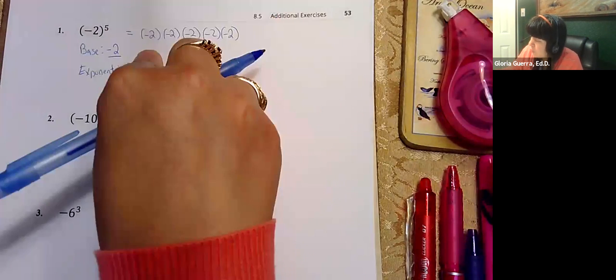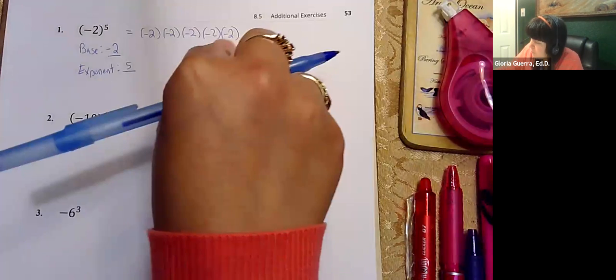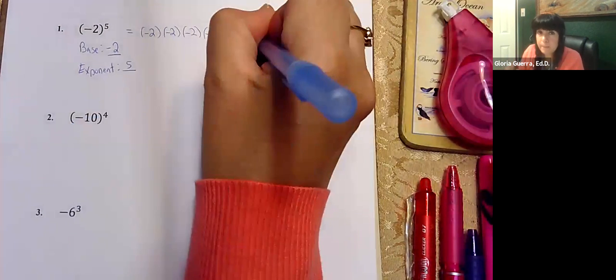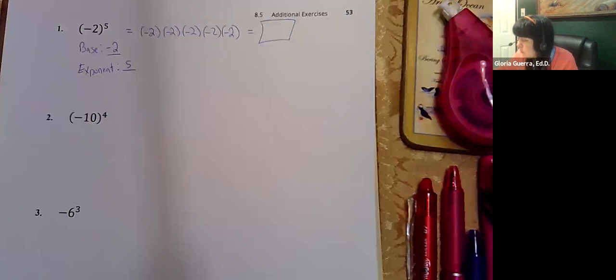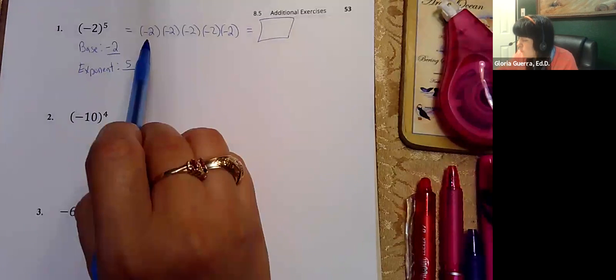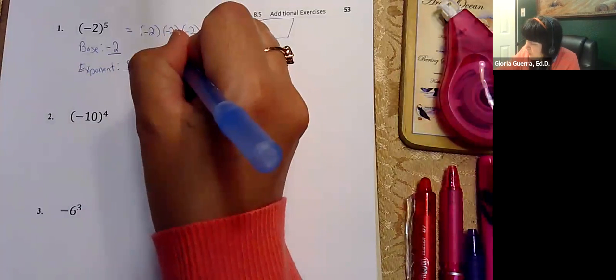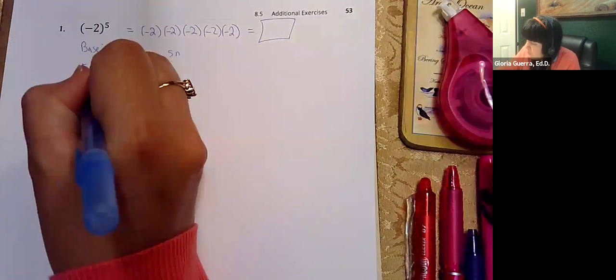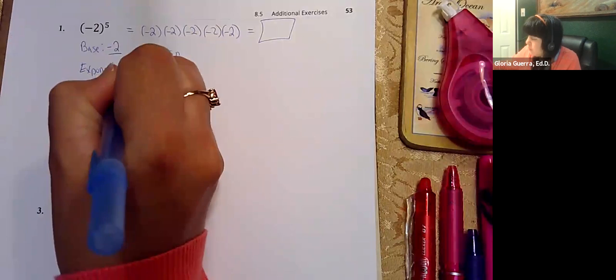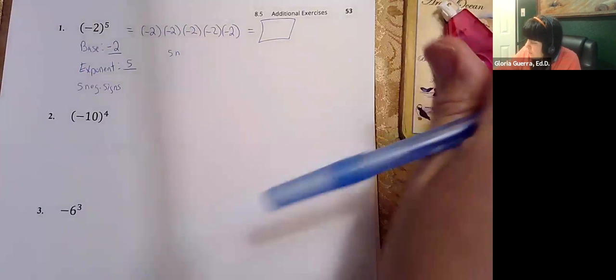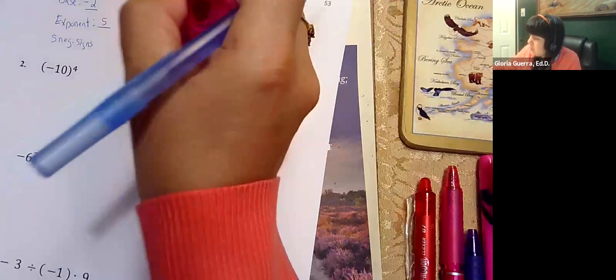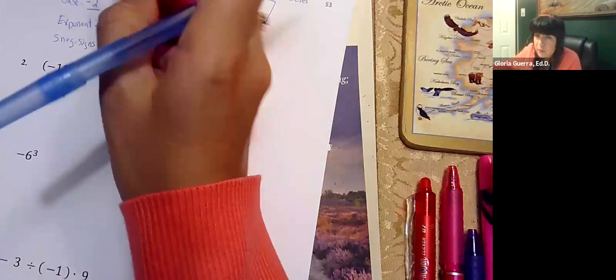1, 2, 3, 4, 5. And if you count your negatives, 1, 2, 3, 4, 5. Let me write it over here: 5 negative signs. That's an odd amount.